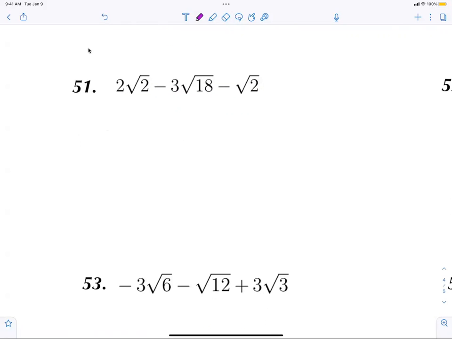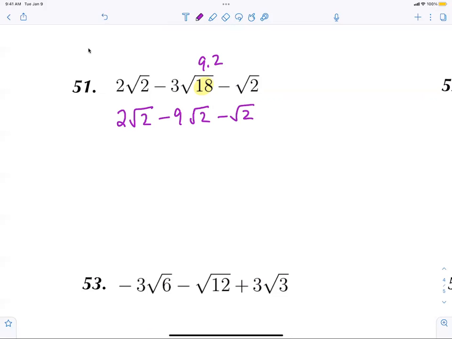Okay, so now I have a problem with 18. What perfect square is in 18? 9 times 2. What's the square root of 9? So there's a 3 already out there. So what does that become? Negative 9 radical 2. All right, sorry. I don't want to go too fast. Everybody look at 51 again. Make sure you get caught up. It's what we did yesterday, so it shouldn't be a big deal.